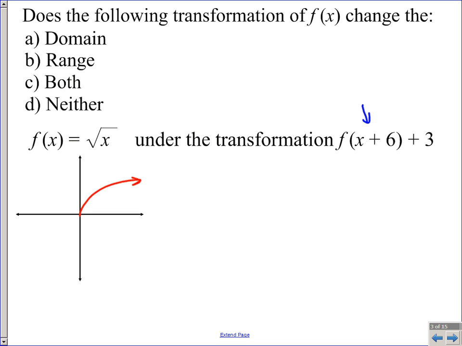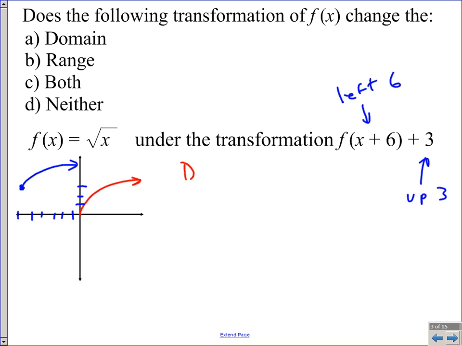So in this case, we would translate it left 6, all the x coordinates, and then on the y coordinate, since that's occurring outside of the function, it will be up 3. So we'll move 1, 2, 3, 4, 5, 6, 1, 2, 3, and put our new starting point and sketch the graph.